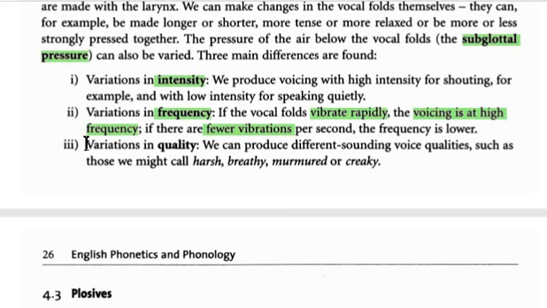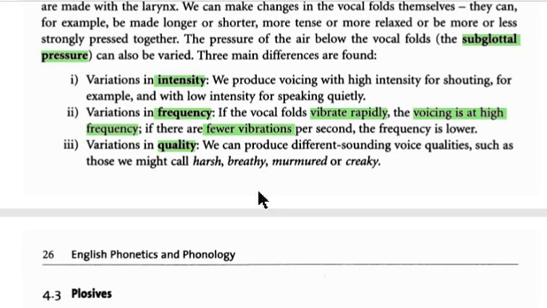The third way in which we can control the subglottal pressure is variation in quality. The quality of voicing is related to how we lengthen or shorten our vocal cords.